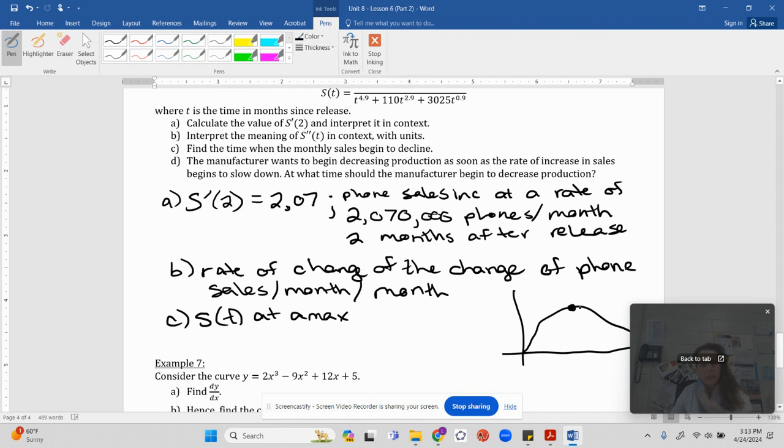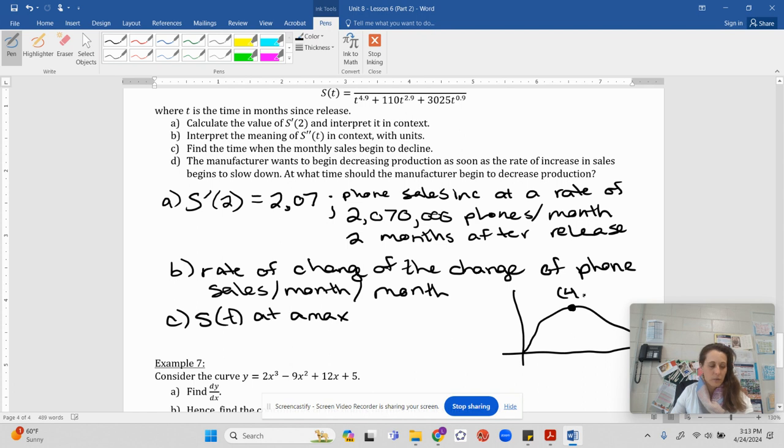This is where they begin to decline. If you find the max of S of T, it's 4.68, 7.54. And again, this is S of T. You should see that that happens at about 4.68 months.